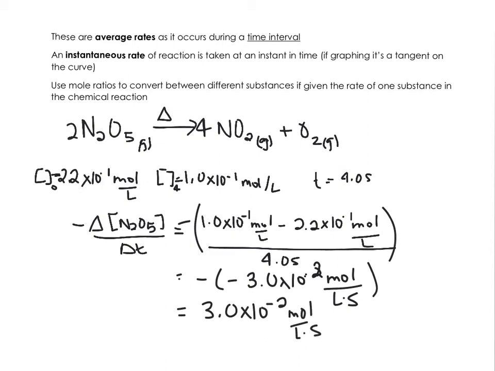So dinitrogen pentoxide decreases at a rate of 0.03 moles per liter per second.